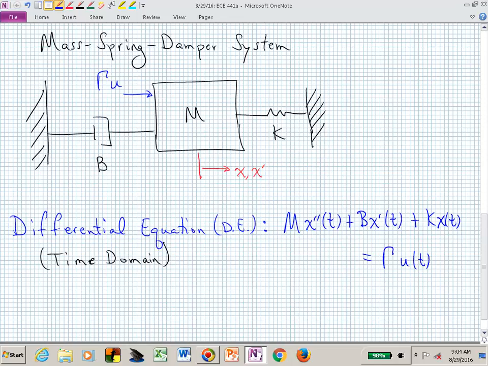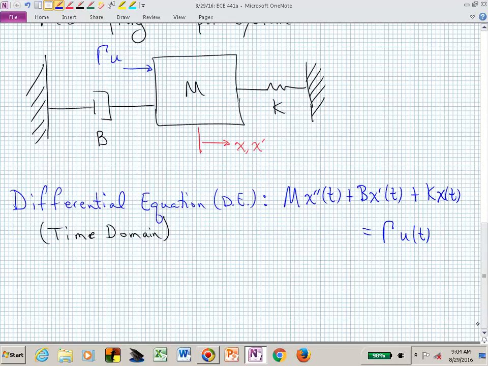And if you don't remember that, you should be able to actually sketch a free body diagram and quickly do a sum of forces, and then remember what the different forces are relative to a damper, a spring constant, and inertia, and all of the externally applied forces. But this now describes the time domain behavior. It's not the solution. This just tells you the way the system behaves dynamically. It's governed by this differential equation.